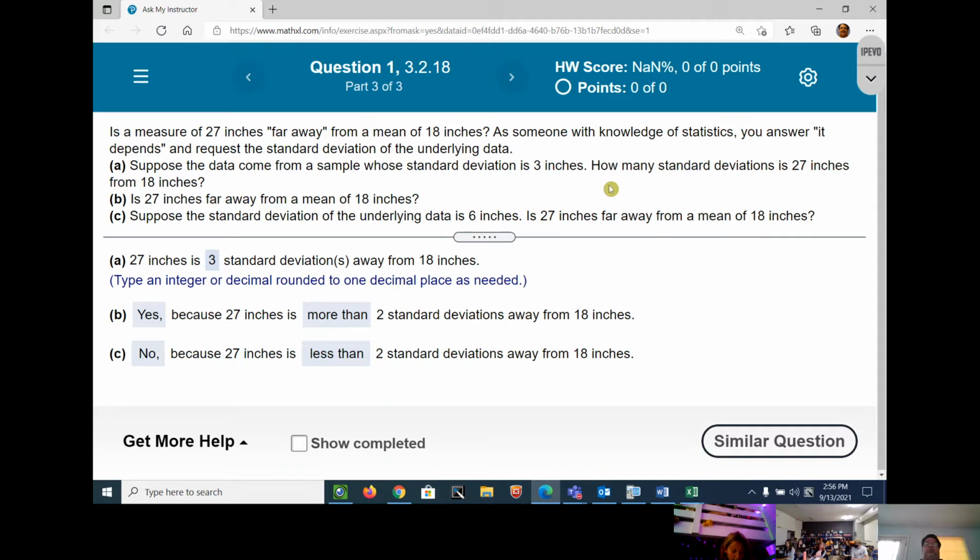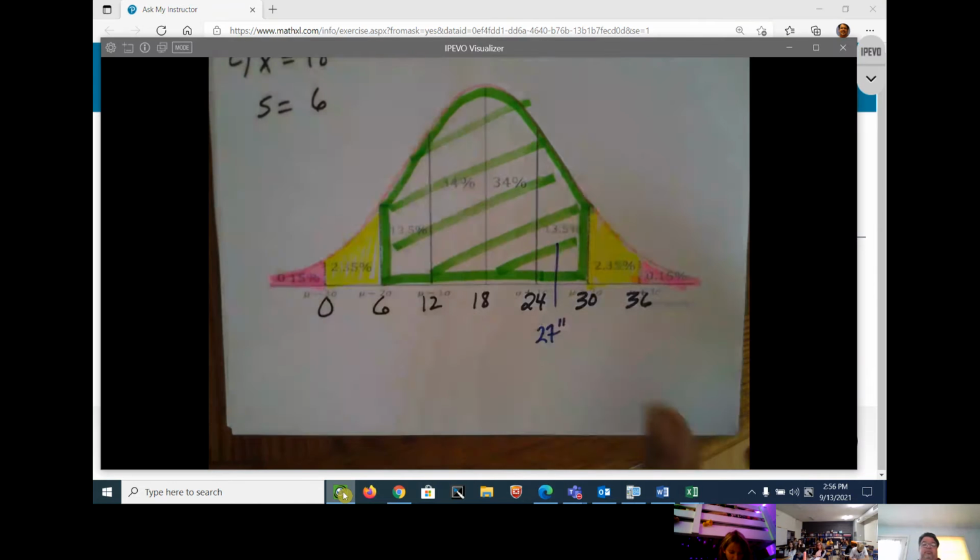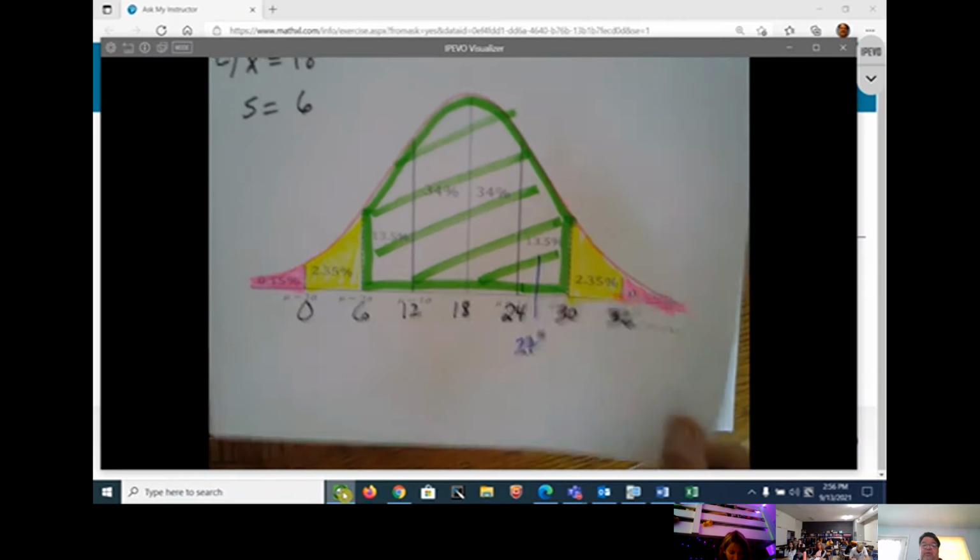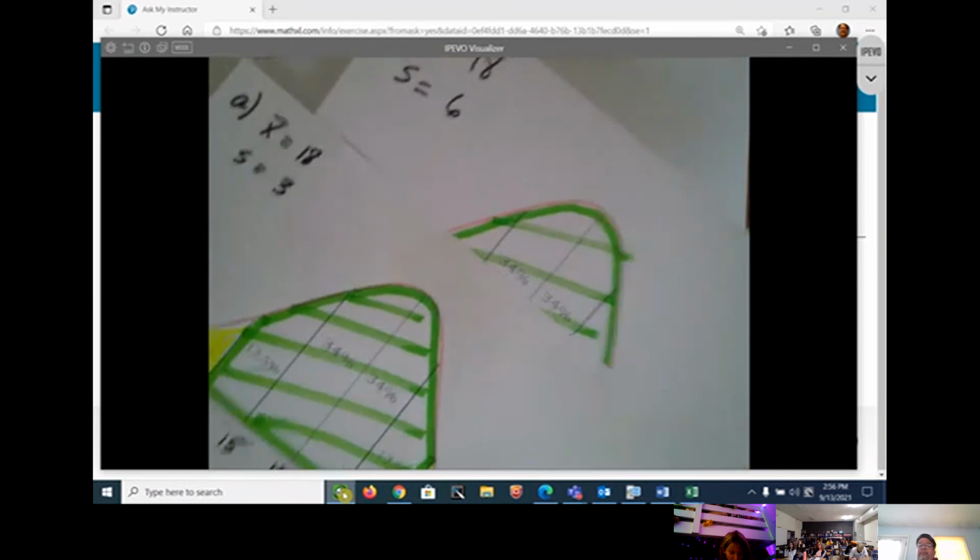Normal or unusual? Normal. See how easy that is? But I know you don't want to print them out. You'd rather take the extra time and draw each one of them.